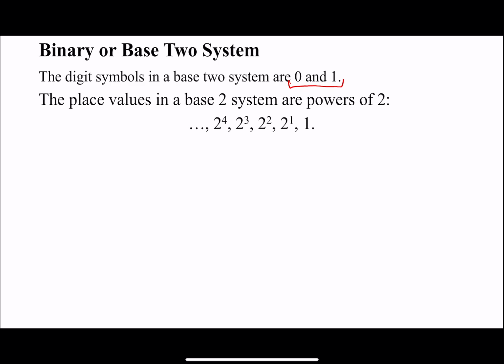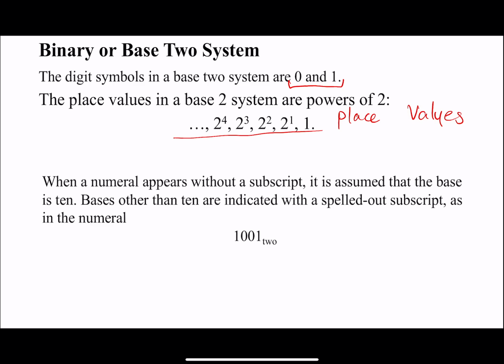And the place values are powers of 2. Okay, we have 1, 2 to 1, 2 to 2, 2 to 3, 2 to 4. Here are the place values in base 2. When we have a numeral that doesn't have any subscript, our assumption is that it's in base 10, or Hindu Arabic.